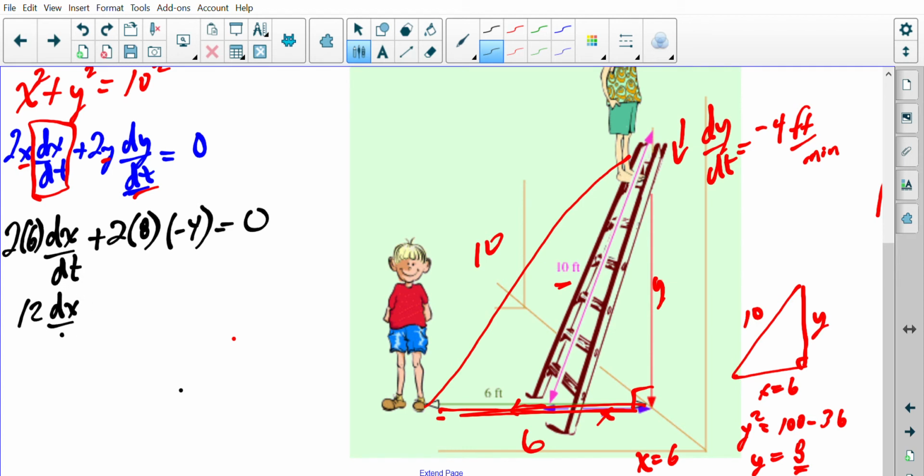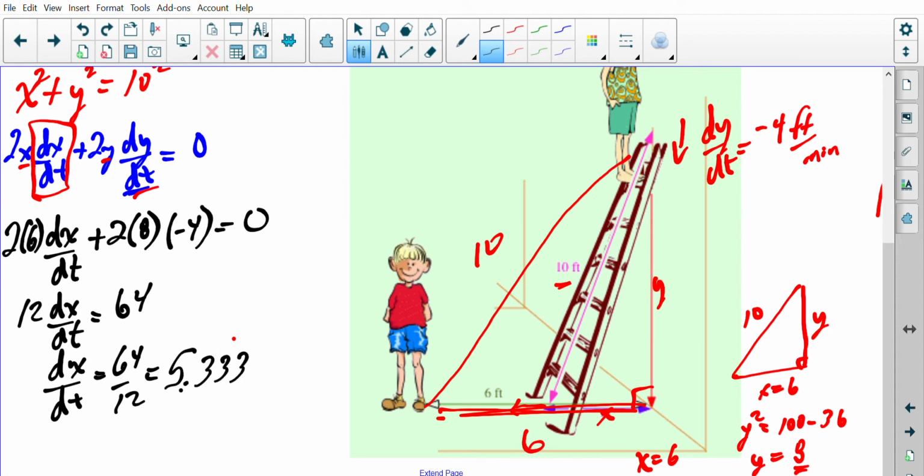So 12 dx/dt. Take this to the other side, I'm going to get a positive 64. dx/dt will be 64 over 12, which is equal to 5.333.